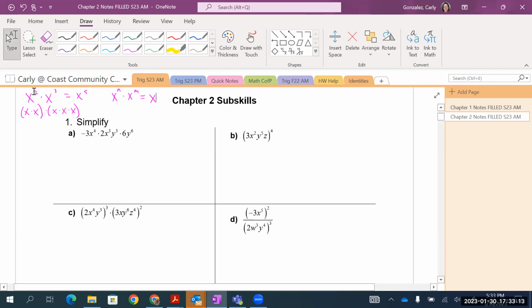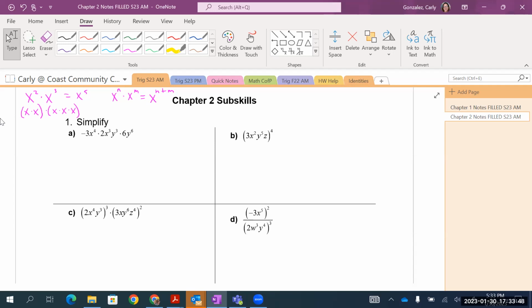Notice we would add the 2 and the 3 to get 5 in that previous example, so our exponent will be n plus m. All we want to see is that if you have 2 powers with the same base, to combine those 2 powers when we're multiplying, you just add the exponents. So let's go ahead with 1a.